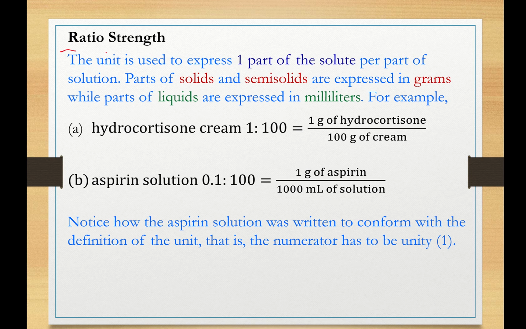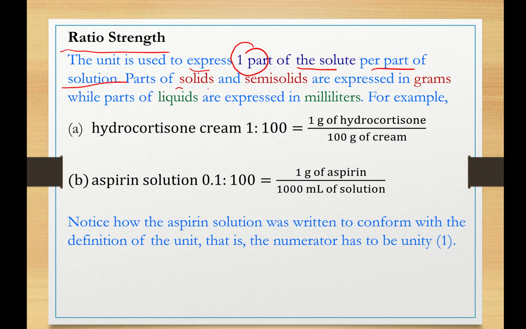Ratio strength, another unit which is used quite commonly in pharmaceutical sciences, and especially compounding pharmacy. So this is a unit that expresses one part of the solute per part of the solution. I emphasize that because the solute, or the numerator, has to be equal to 1.